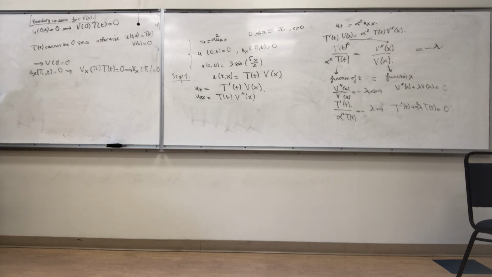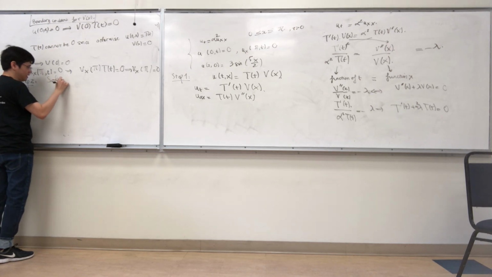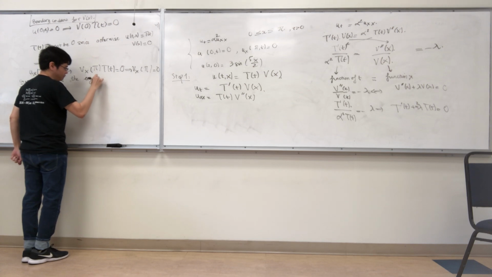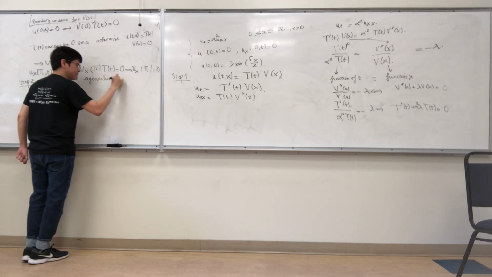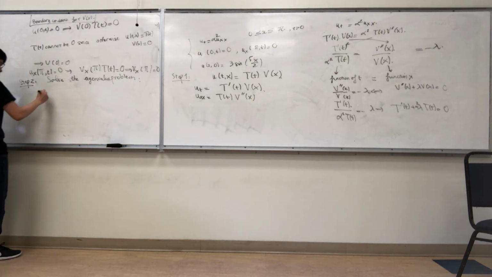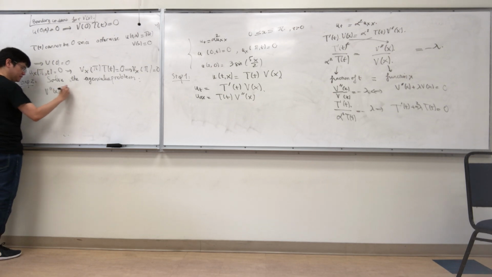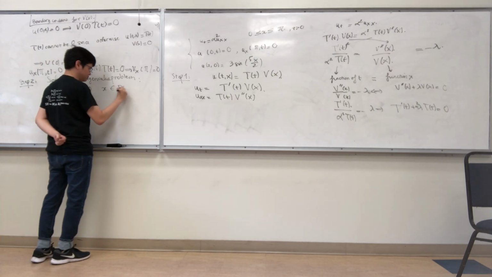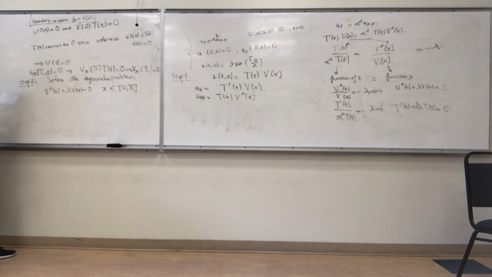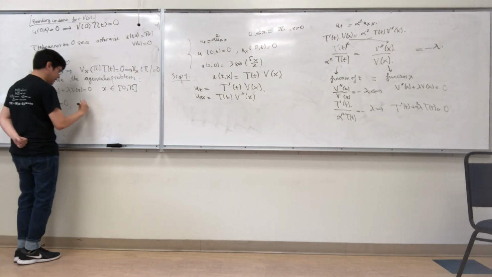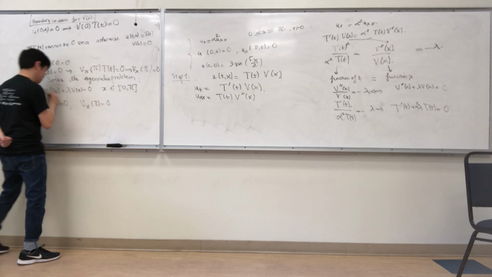So now, step number 2. Solve the eigenvalue problem. The eigenvalue problem will be v''(x) plus lambda v(x) is 0, x is from 0 to pi, and v(0) is 0, and v_x(pi) is 0.